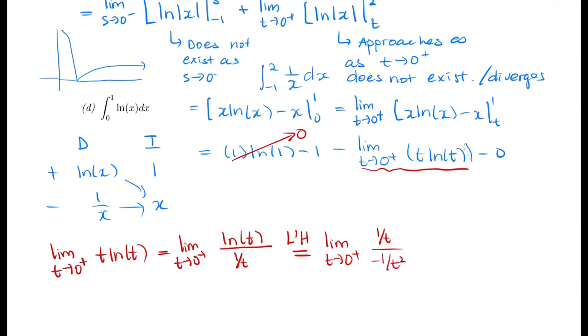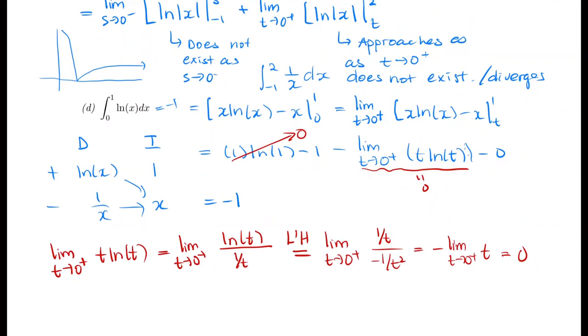So that means we would just be left with the negative of the limit as t approaches 0 from the right of t, which then goes to 0. So this limit here is actually going to be 0, based on what we just calculated. So in fact, the integral is equal to negative 1.